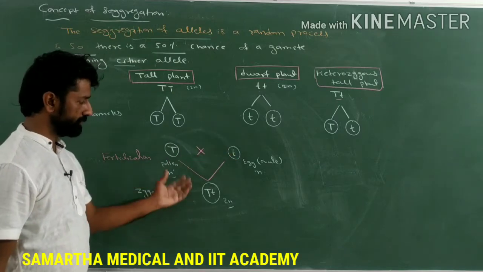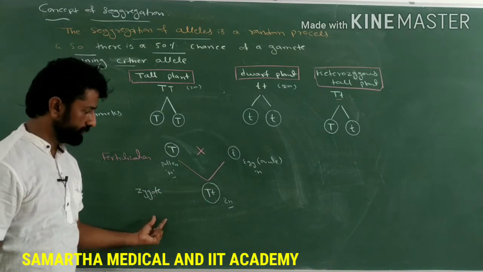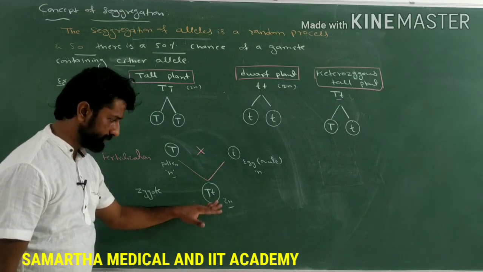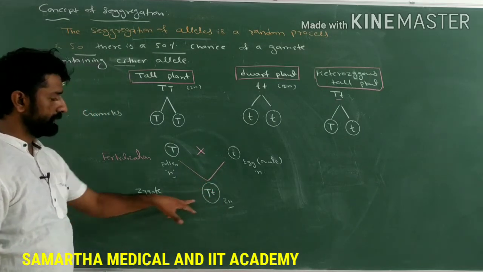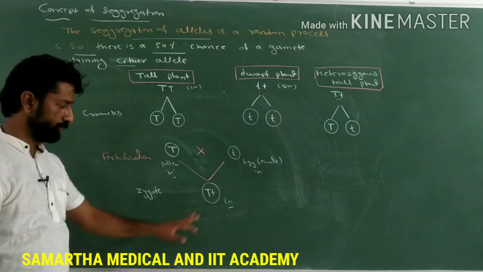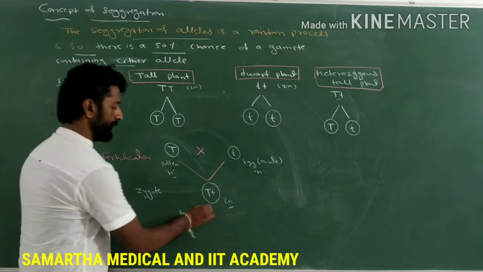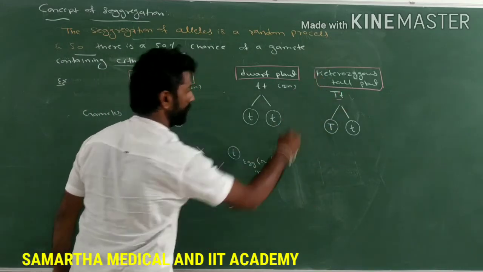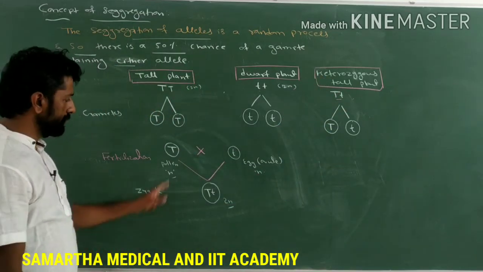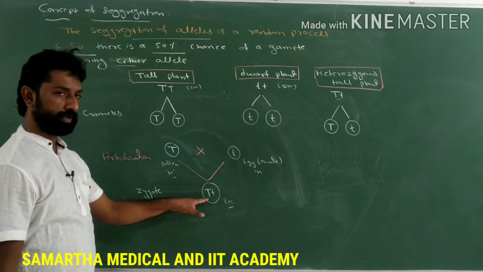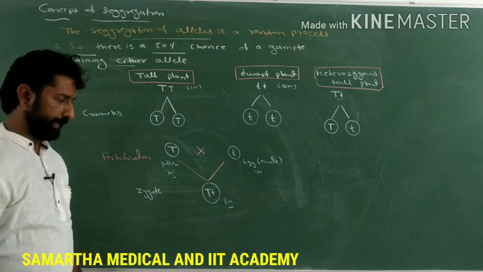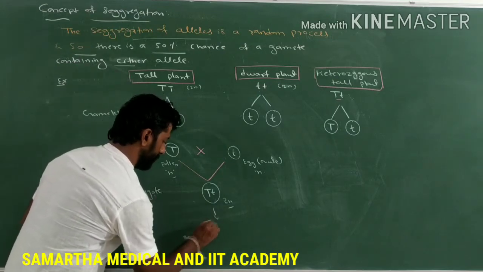Such haploid gametes, when they undergo fertilization, the diploid condition is again resumed in the zygote. So this plant will develop as a heterozygous tall plant. Why? Because there is a combination of both types of alleles coding for the character called plant height.